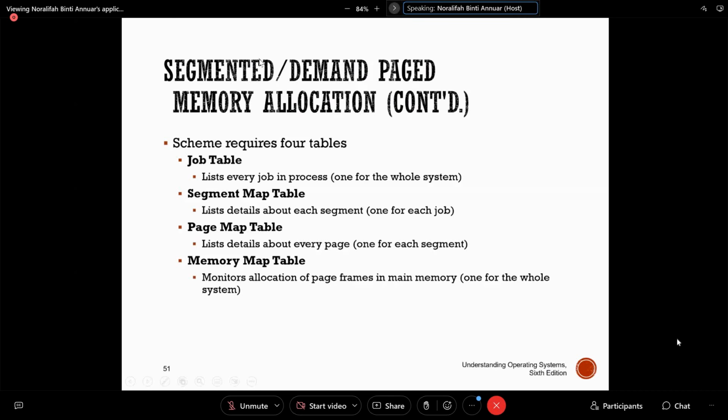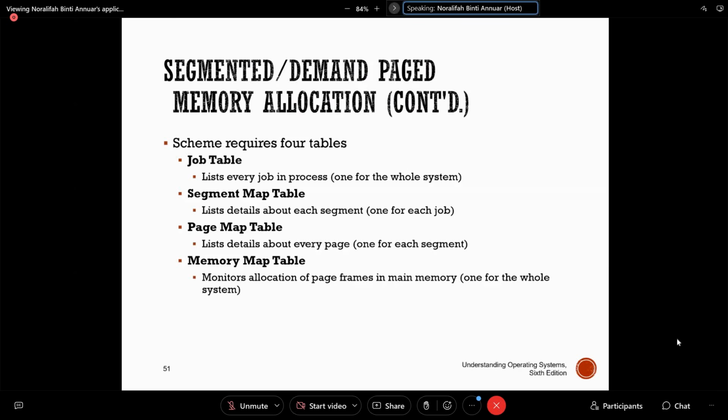Tapi by demand lah. So, in short, the job will be divided into segments, but only be loaded into memory by demand only. So, dia lagi better. Kalau PMT tadi, equal size, must be loaded entirely.